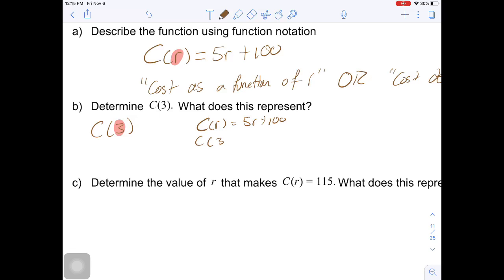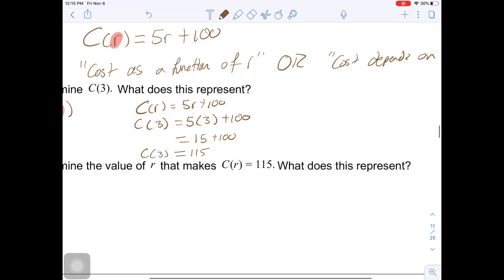We replace R with 3, so this becomes 5 times 3 plus 100. Then we can start solving this. 5 times 3 is 15 plus 100, so that equals 115. And this would be C at 3.